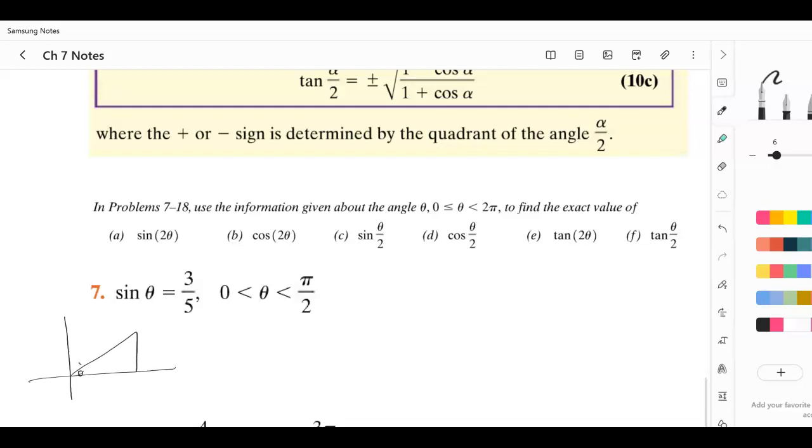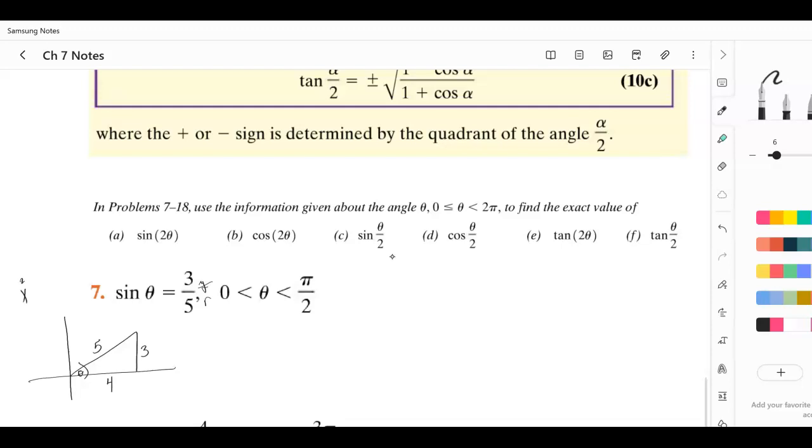So here's my theta value. Sine is equal to the y value divided by the radius. So my y value is 3. My radius is 5. I've got to figure out what this is. Because we've been doing this for several sections now, we know that this is going to be a 3, 4, 5 triangle.